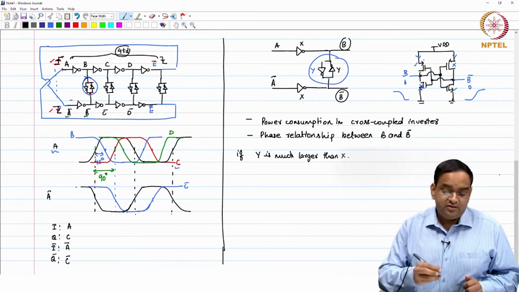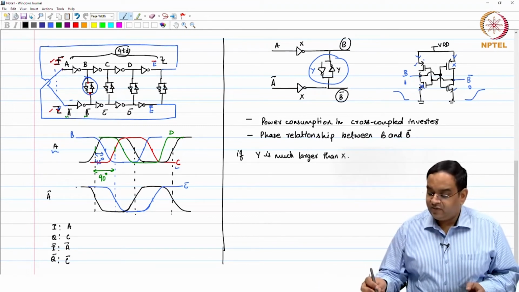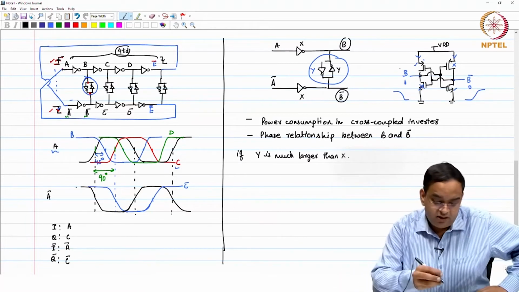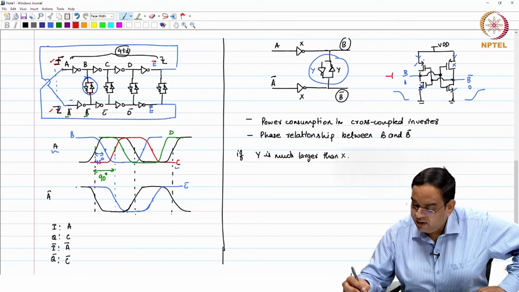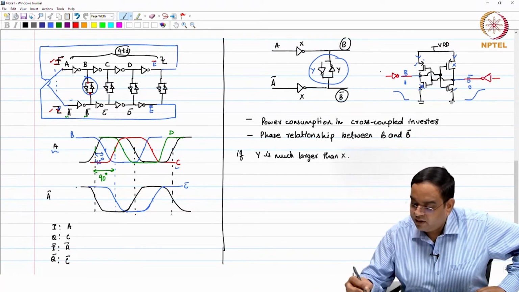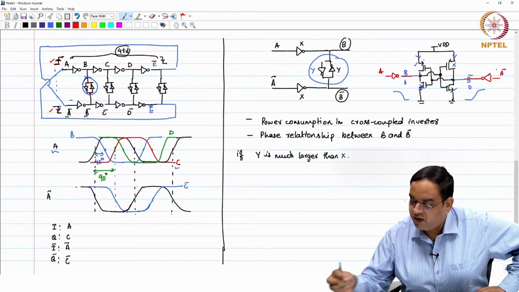One problem is that if Y is much larger than X, I am having this cross coupled inverter, using an inverter connected to A and an inverter connected to A bar.